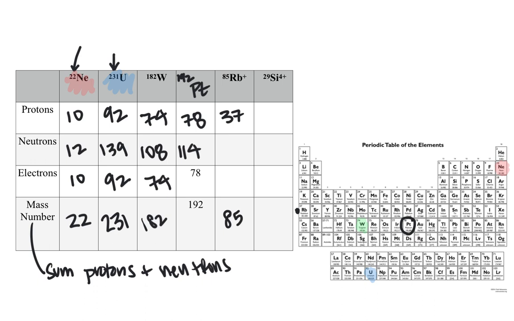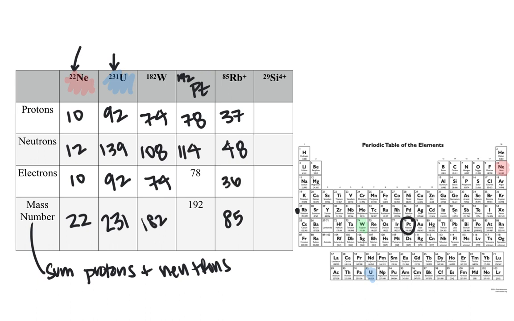So to calculate the number of neutrons, it is 85 minus 37, which is 48. However, this element is positive, and this positive thing is going to have lost an electron. So instead of having 37 electrons, it will have 36 electrons.